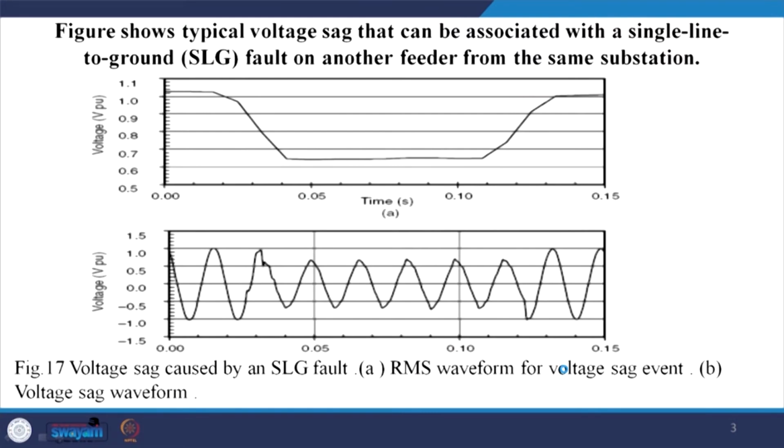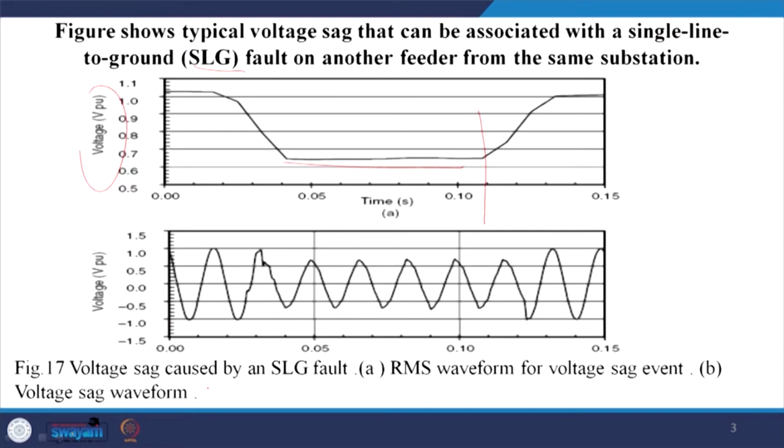For example, here we first show the per unit voltage. All of a sudden we have a single line to ground fault, and thus the voltage has sagged and thereafter it has recovered, and this is the voltage profile.